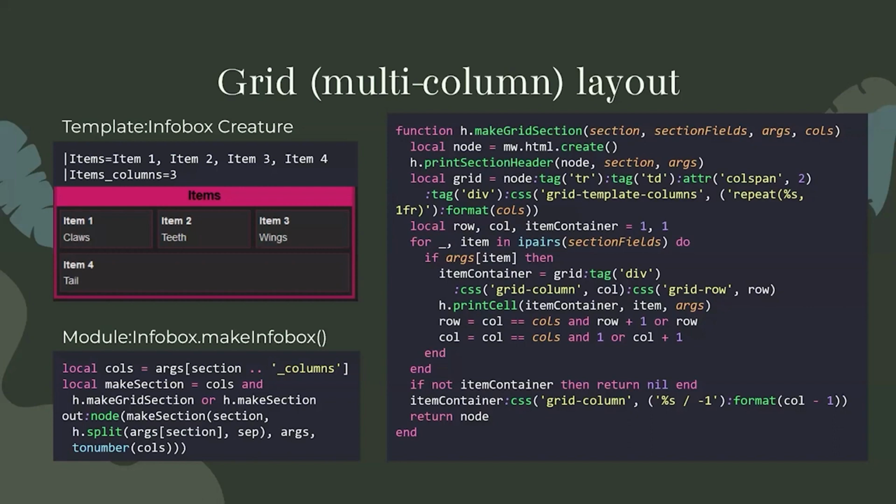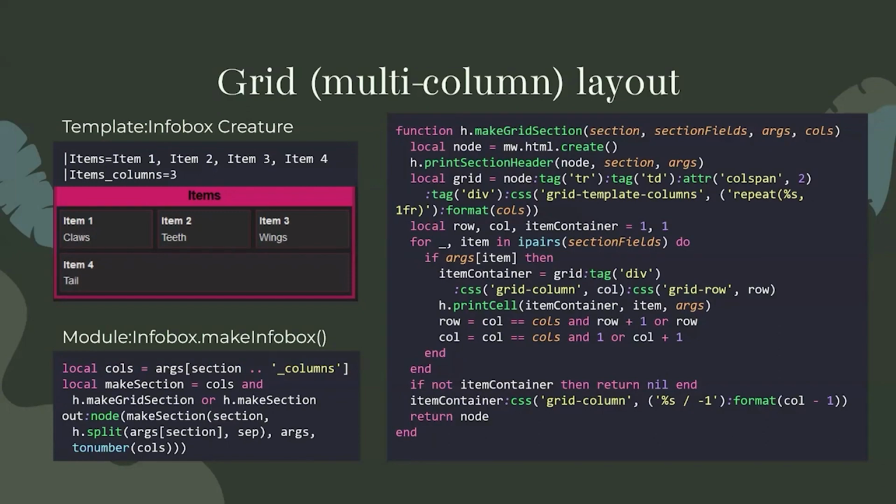And the interesting part is the third to last line of Lua, where we make sure that the final cell in the grid is taking up the entire remaining space in the row. So here you see we have 3 columns, and that's defined using items_columns equals 3. So if you say a number of columns that you want in any section name, it'll apply this grid layout to that section.